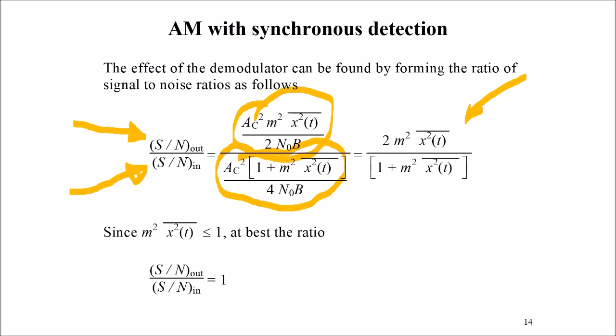And at best the product of M squared times the power in the message signal has got to be less than or equal to 1, since the range of the message signal is between -1 and +1. At best, this ratio is going to be 1, which is the same as we got for the double sideband.